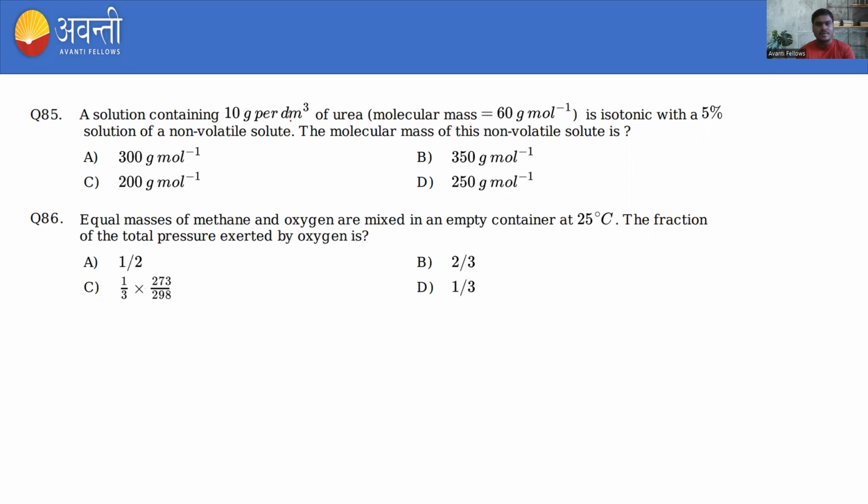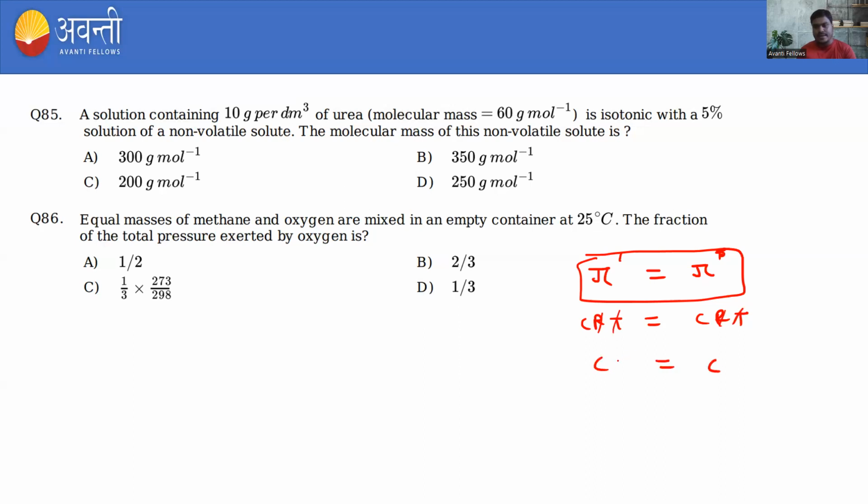Isotonic means their osmotic pressure is the same, so pi is equal to pi dash. We know that pi is CRT, and again CRT. R and T remain the same, so we only have to calculate C and C dash.